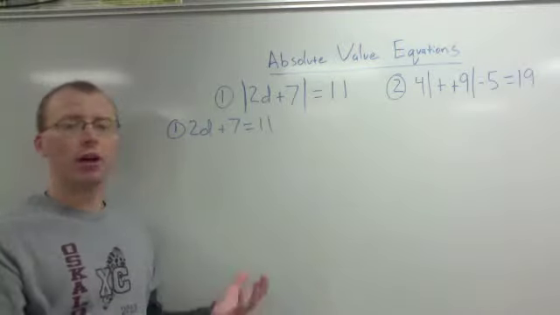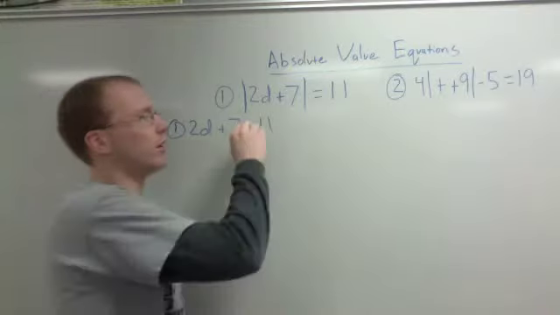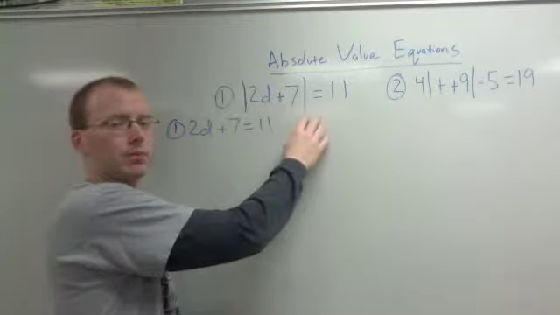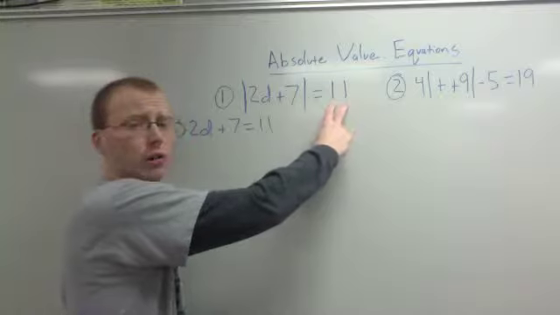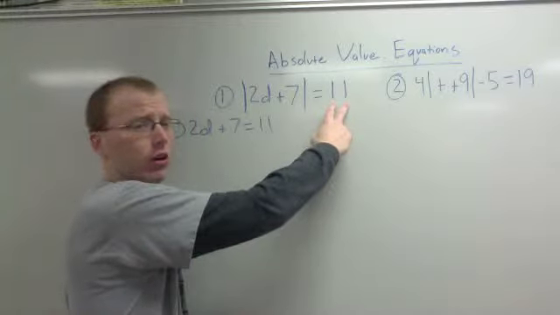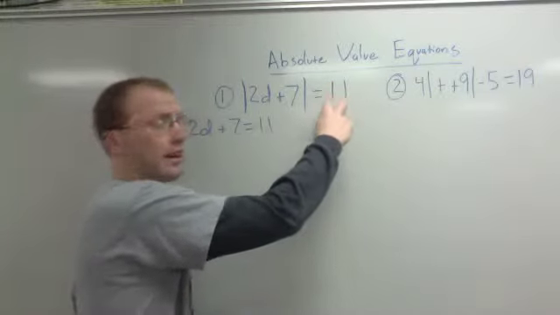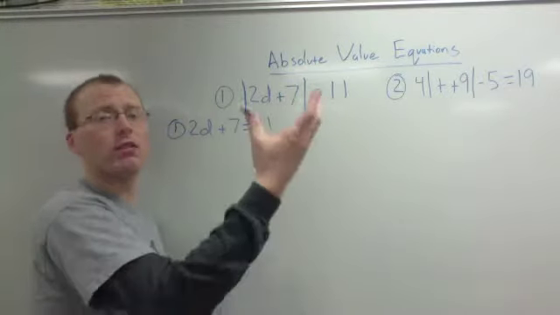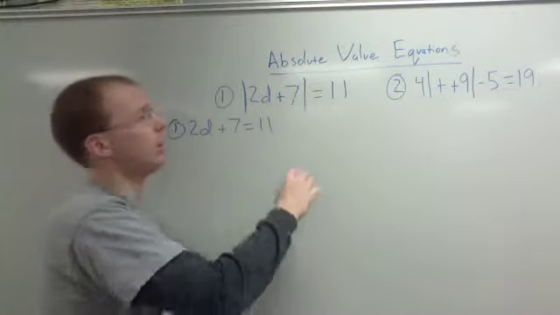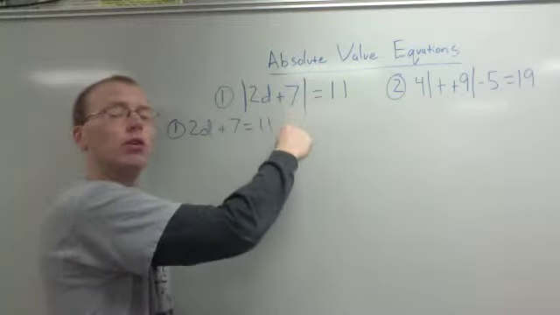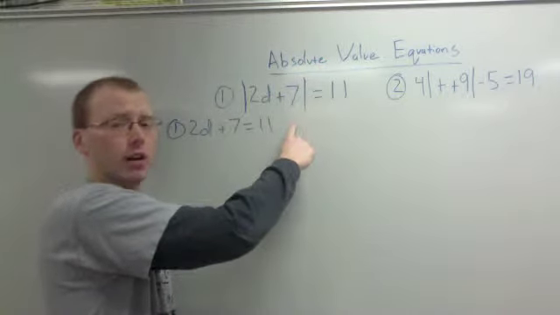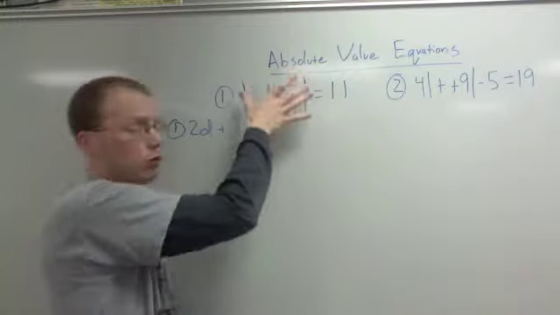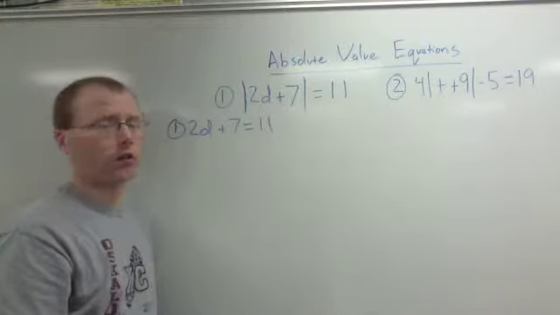Now the second equation you're going to write is you're going to take the original equation, and then on the side where there is no absolute value, you're going to negate that side. If it's negative, you're going to make it positive. If it's positive, you're going to make it negative. You don't do anything to the side that has the absolute value terms. You will drop the absolute value bars off though.